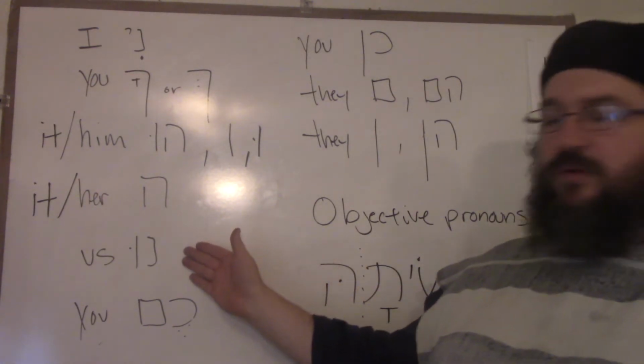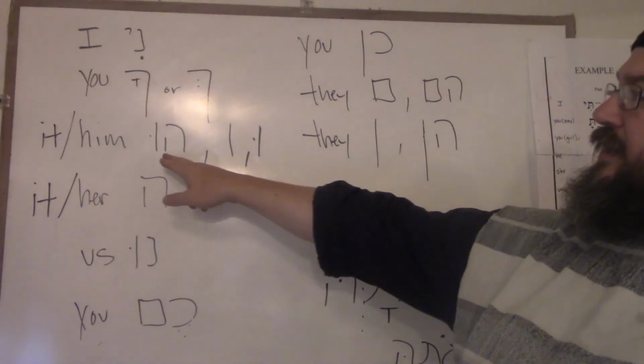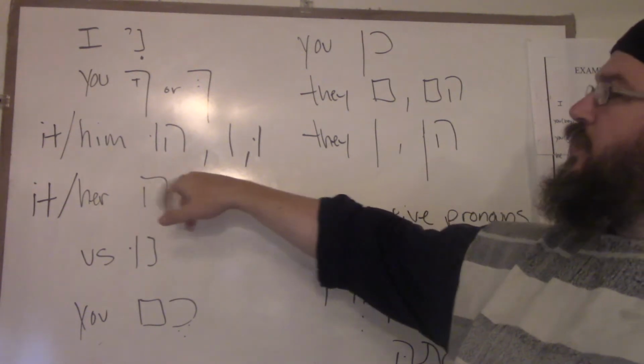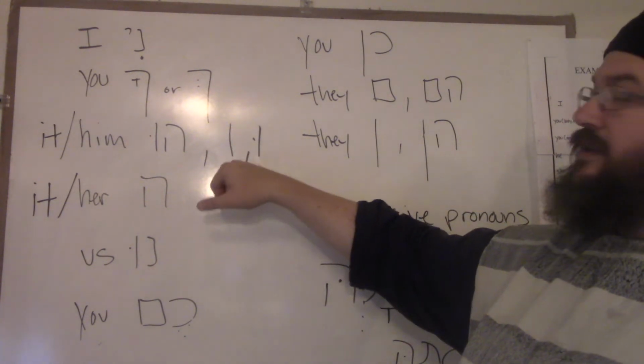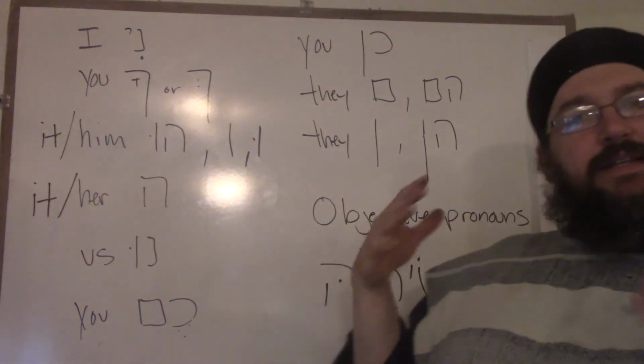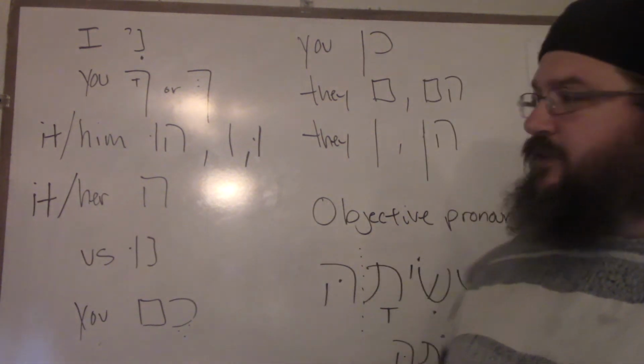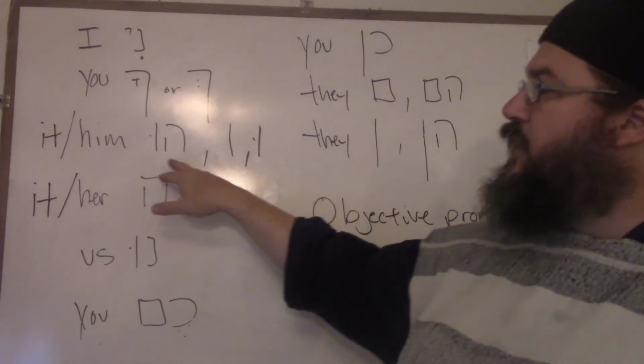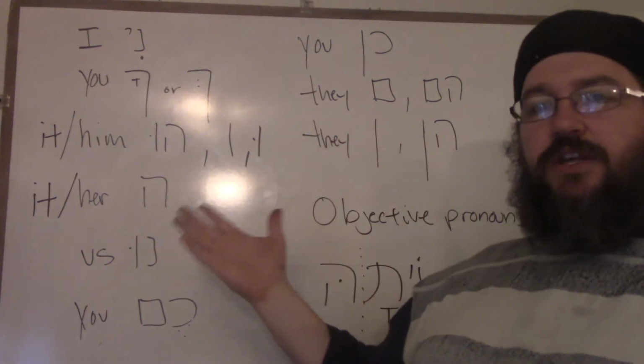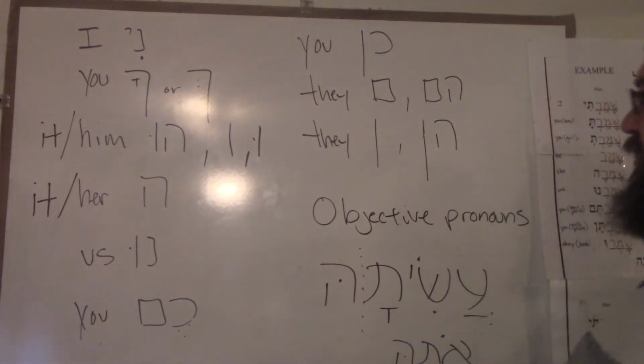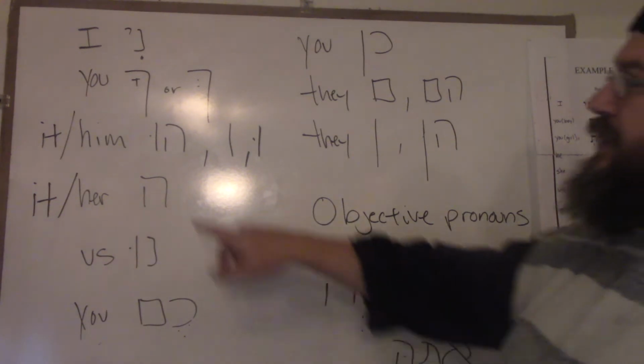Just like nu. Or just like here, you could have it as hu, or it could be o, or it could be just the vav, or u. It doesn't really matter. If you just know that the vav or hu is used, then you know you have this objective pronoun attached to it. The same thing with this.